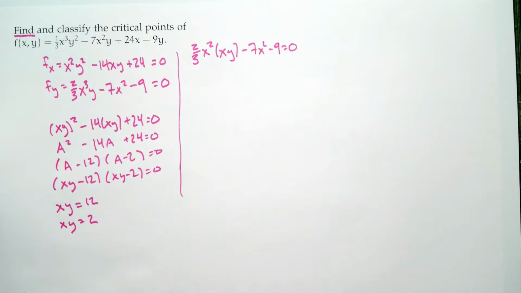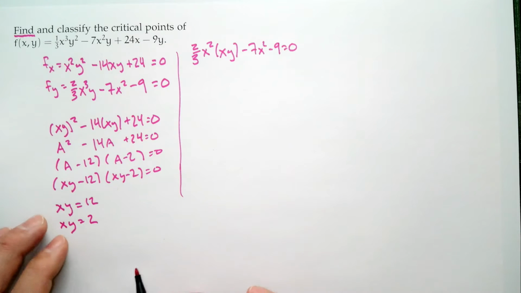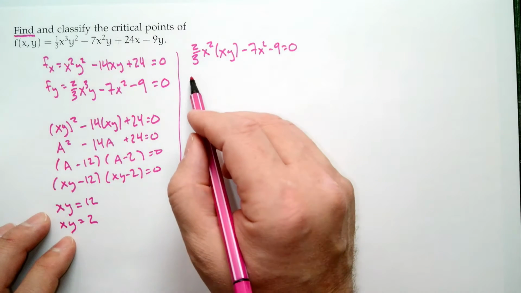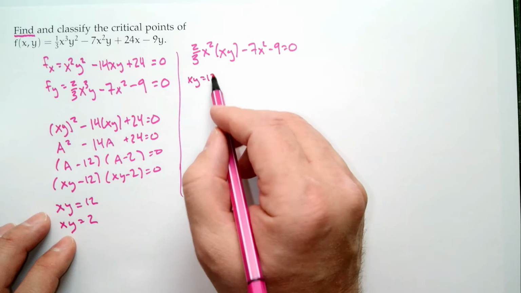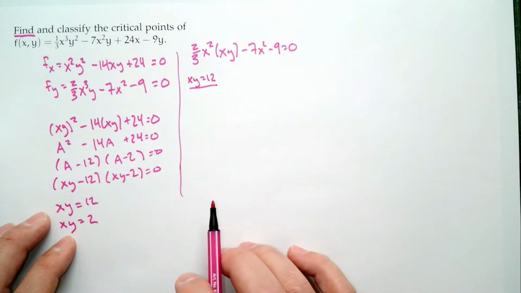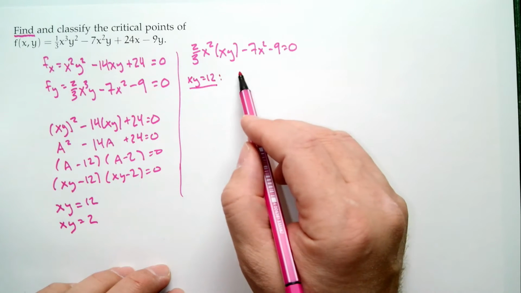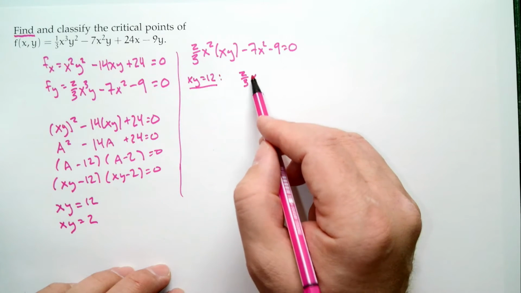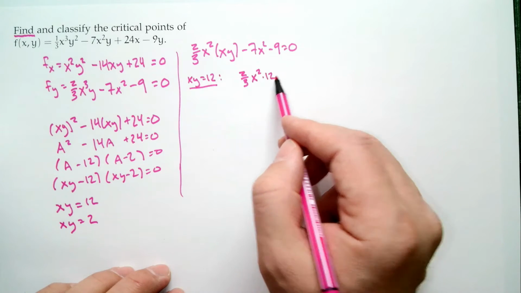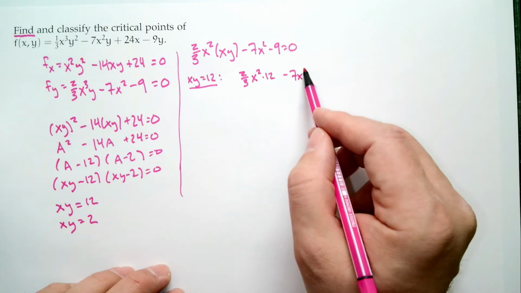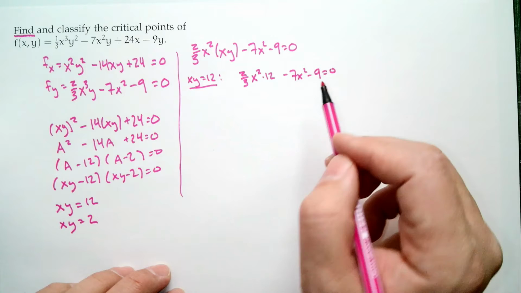Now there's two possibilities. Suppose xy equals 12. Then this becomes 2/3 times x squared times 12 minus 7x squared minus 9 equals 0.